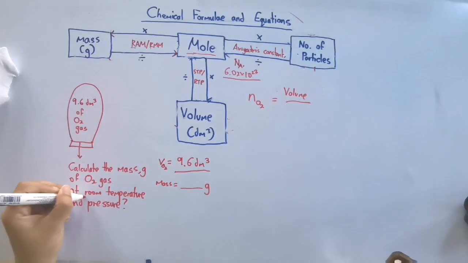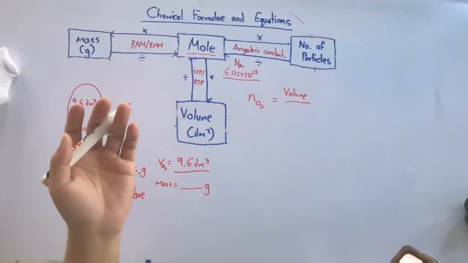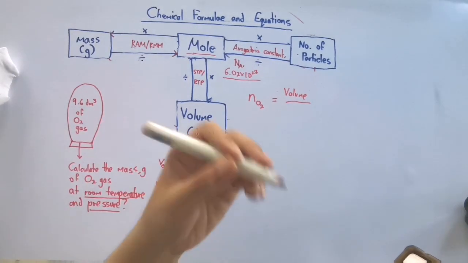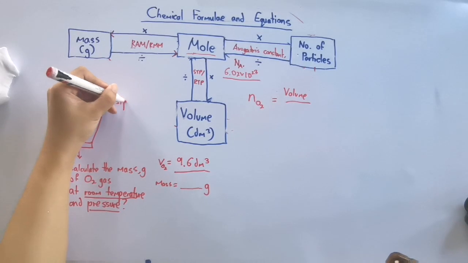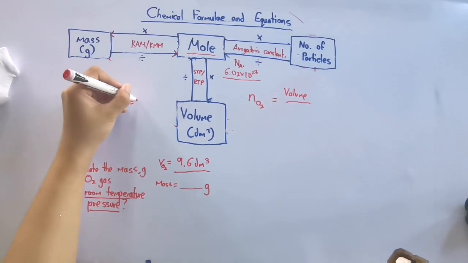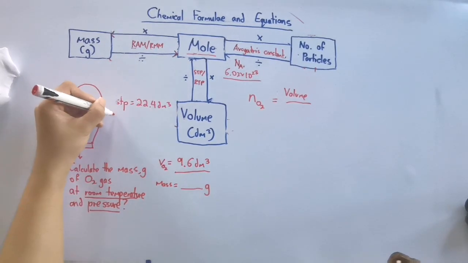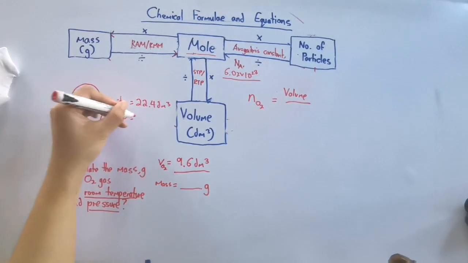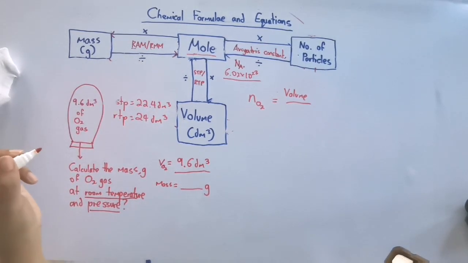In this question, it says room temperature and pressure, which means that we are going to use RTP. Now, the actual value here, I'm just going to give it to you right now. If the question says STP, they usually will give this to you in exam. It will always be 22.4 decimeter cube. If they give you RTP, it will always be 24 decimeter cube.